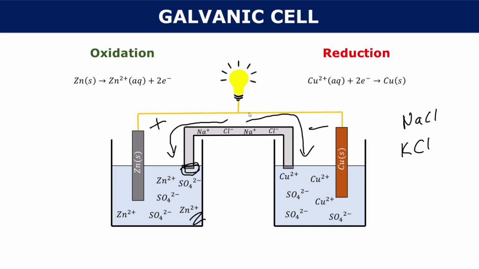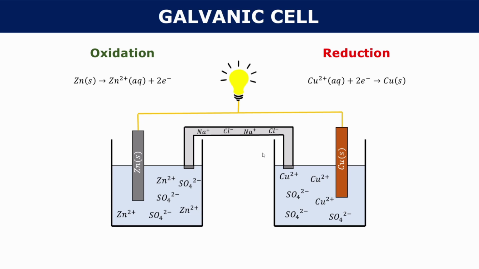reduction half cell. I've been calling these the oxidation and reduction half cell, but these guys actually have names. The oxidation half cell is known as the anode, and the reduction half cell is known as the cathode. I guess the memorization trick I use is I remember an ox and a red cat.